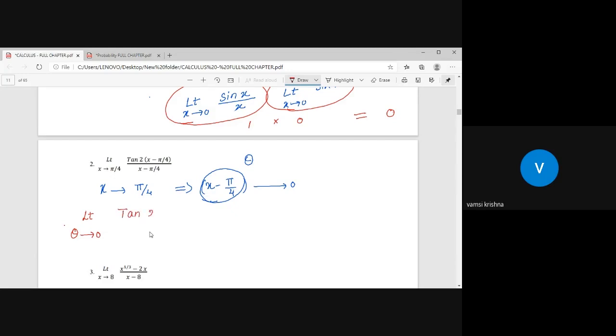Tan 2 theta divided by theta. So it is limit x tends to 0 of sin ax or tan ax by x, and the result is a. So it should be a, right?